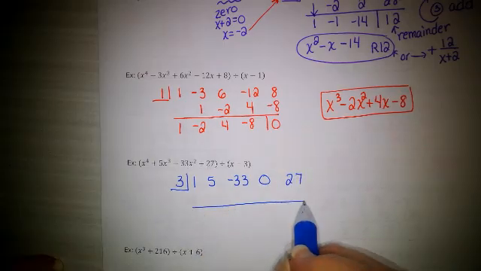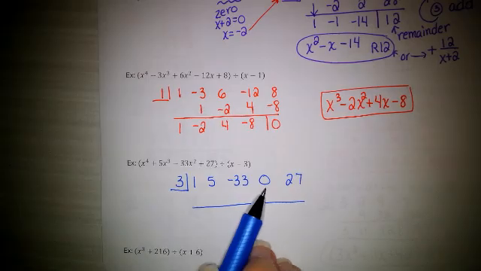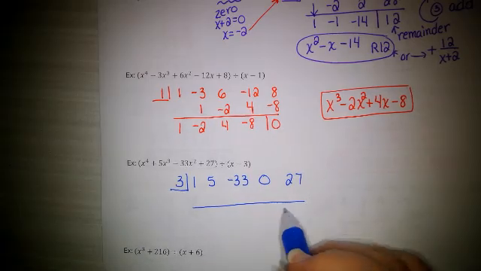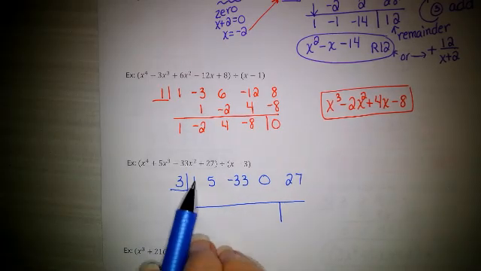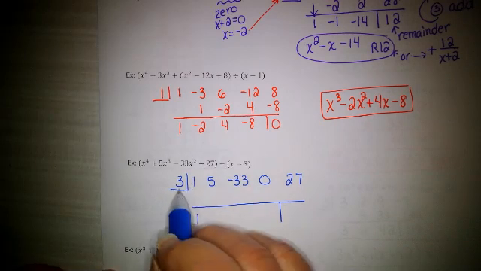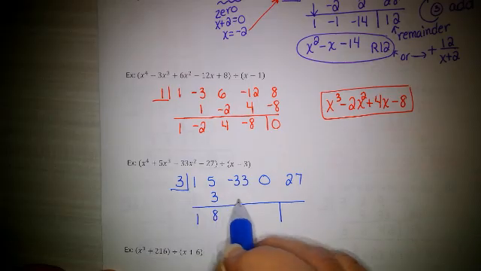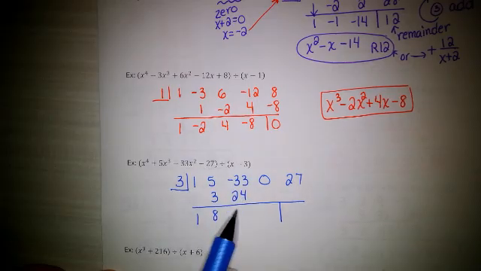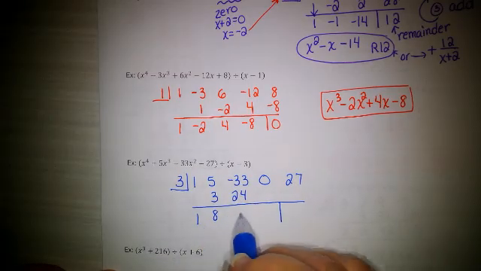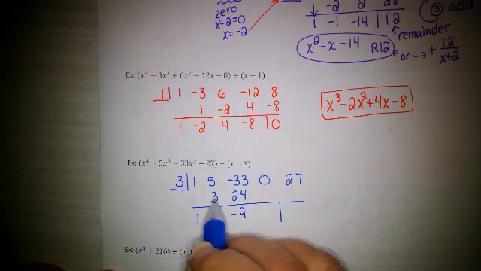So if you're ever missing one of your powers, you put a 0 to hold its place. It's very important. All right, bring it down and multiply. Add and multiply. Let's see, negative 33 plus 24 is negative 9.